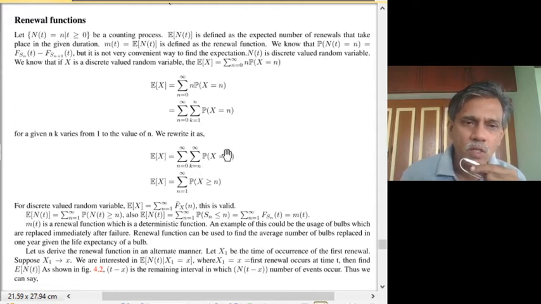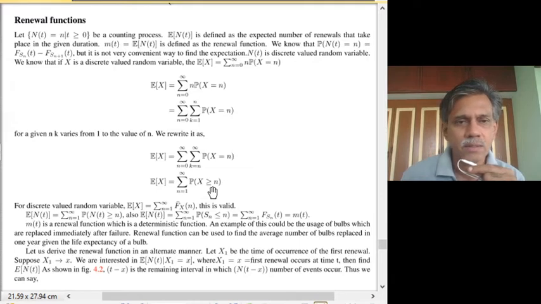And we know what this one is. This can be written as the probability that x is greater than or equal to n. And so the expectation of x is sigma n equal to 1 to infinity probability x greater than or equal to n. Probability x greater than or equal to n is 1 minus probability x less than n.